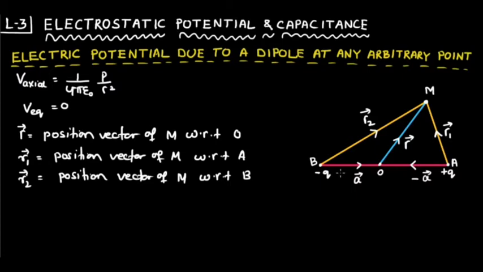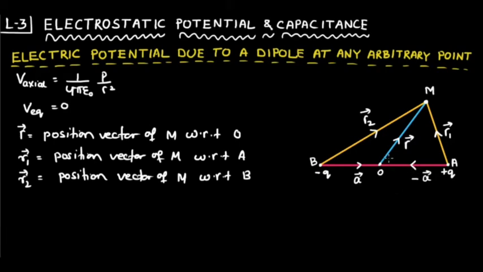Now look at the side BO. BO is a vector which is directed from the point B towards the point O. So the vector which is directed from A to O will be minus a vector, because BO and AO have the same magnitude, but I have given the arrow mark in the opposite direction. So if BO is a vector, then AO will be minus a vector.